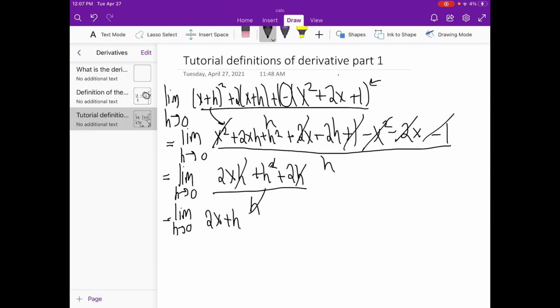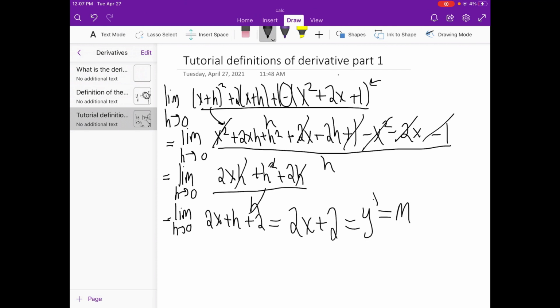So what does this become? This is the limit as h approaches 0 of 2x plus h plus 2. H approaches 0. What is this? This is just 2x plus 2.